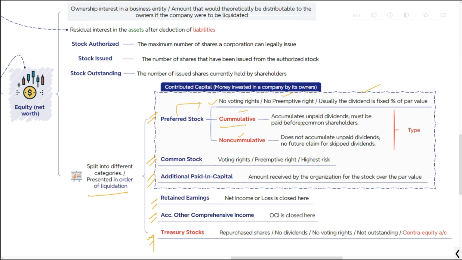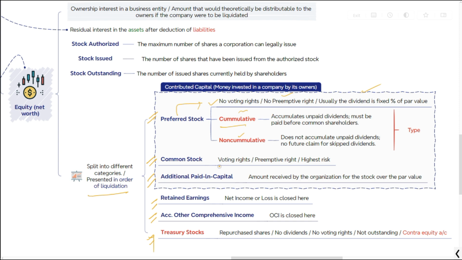So you pay a dividend or you don't, but with cumulative preferred stock, you have to pay the unpaid dividends plus the current dividends. Non-cumulative preferred stock does not accumulate unpaid dividends. There are no future claims for skipped dividends. So these are the types of cumulative and non-cumulative preferred stock.